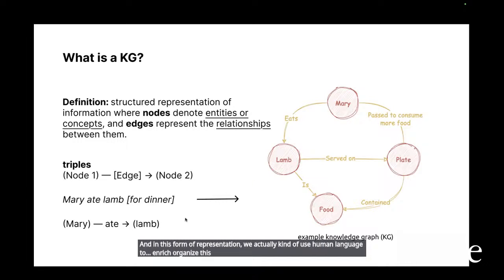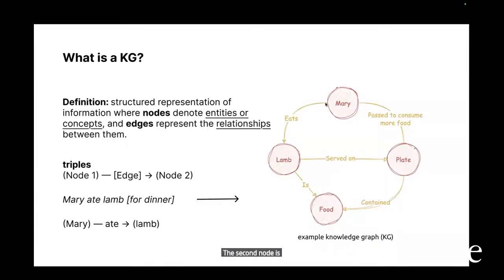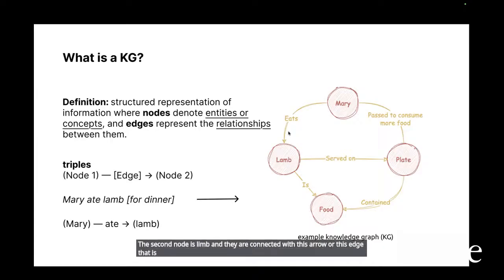And if we would go to transform an information, which is Mary ate lamb, we're going to have the first node is Mary, the second node is lamb, and they are connected with this arrow or this edge that is eats. So essentially, we are connecting two entities or two concepts with a verb, with the representation of them through an edge.